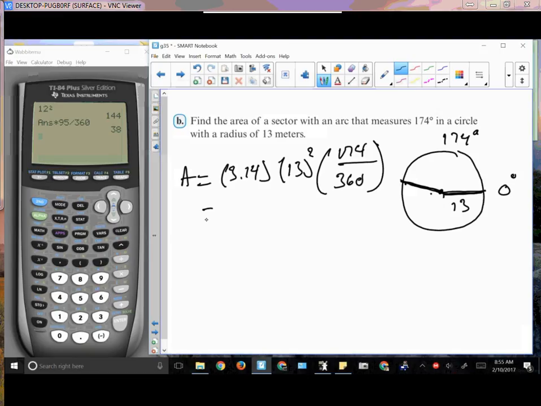So 3.14 multiplied by 13 squared multiplied by 174 divided by 360. Area is equal to 256.5 meters squared.